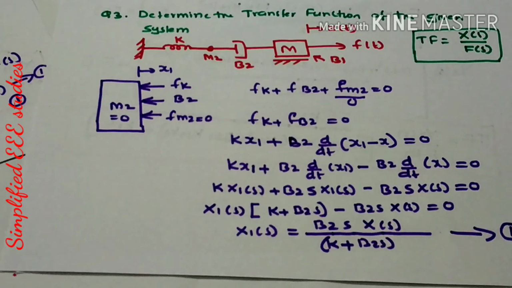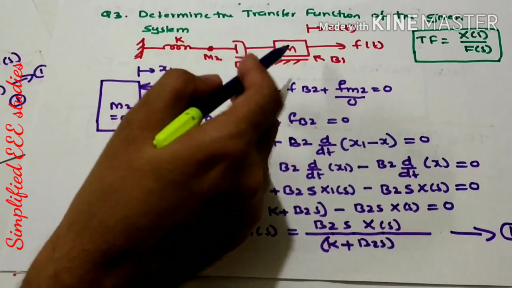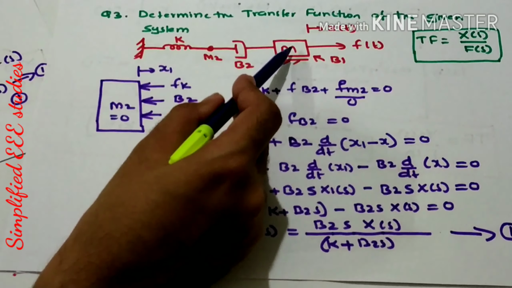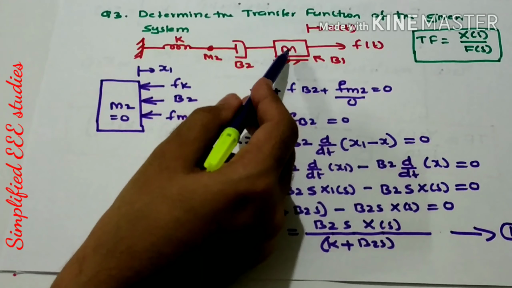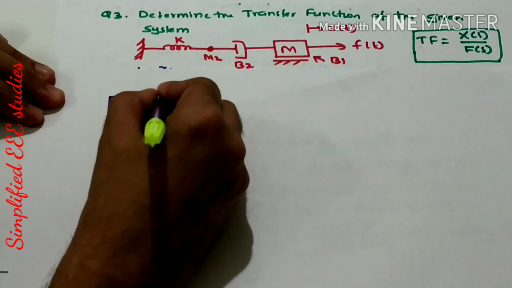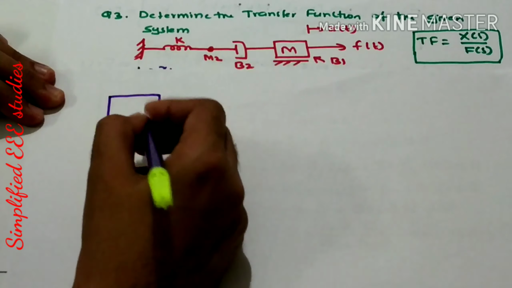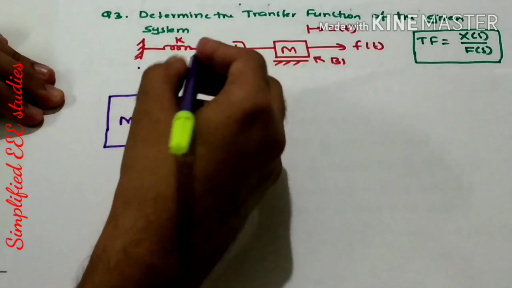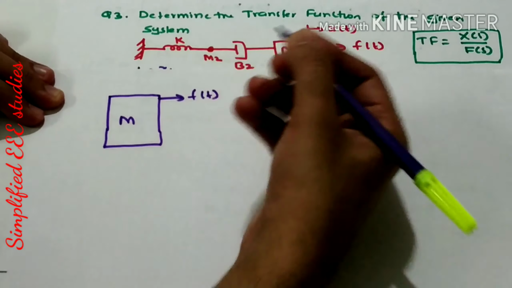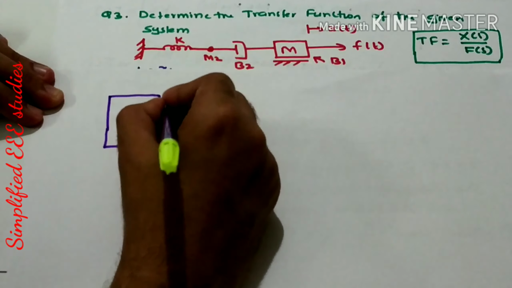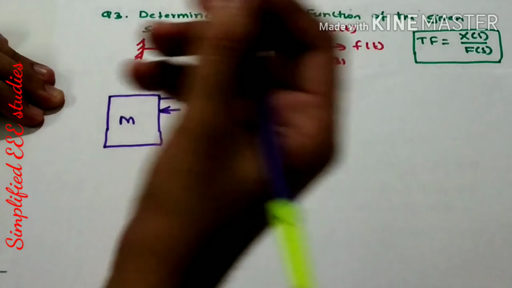Now let us consider the free body diagram of mass m. M2 we already completed. Please draw the free body diagram of mass m. Here first force which is acting externally is F of t. Now there will be one inertial force given by Fm.